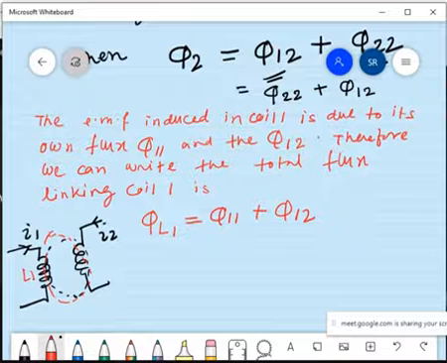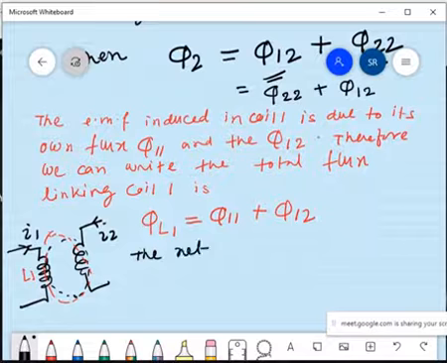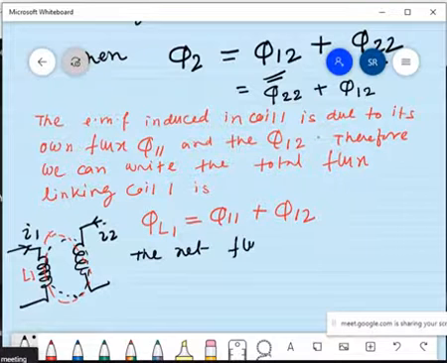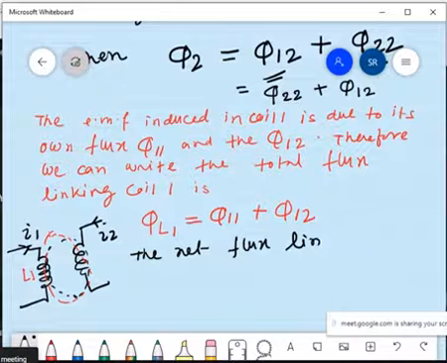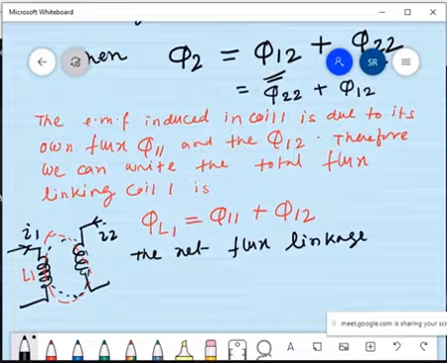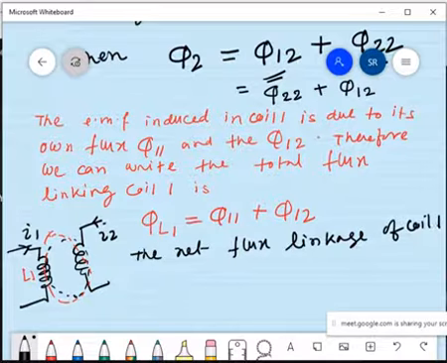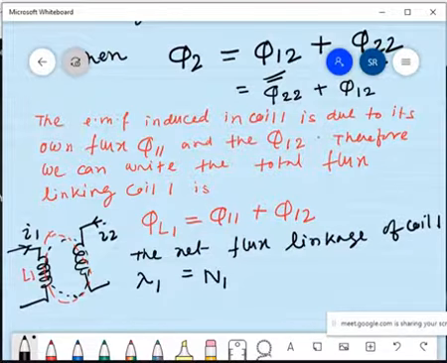Next, the net flux linkage of coil 1, say lambda 1, is equal to N1 number of turns into the flux linking to it.